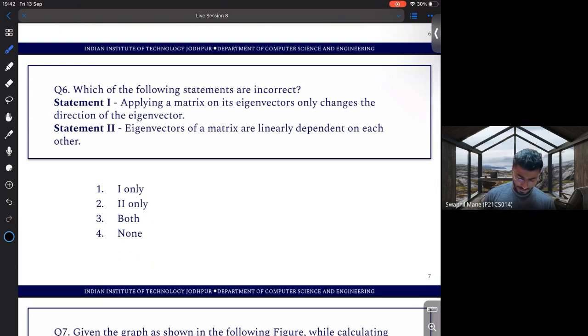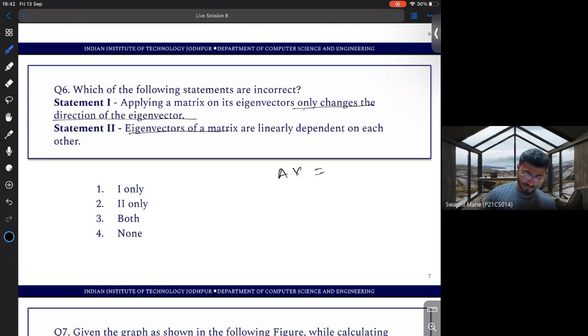It is saying that if we have a matrix and multiply it with a vector, the resultant vector only changes the direction of the eigenvector. It's not like that. It also changes the dimension, meaning it changes direction and squashes into a smaller space.